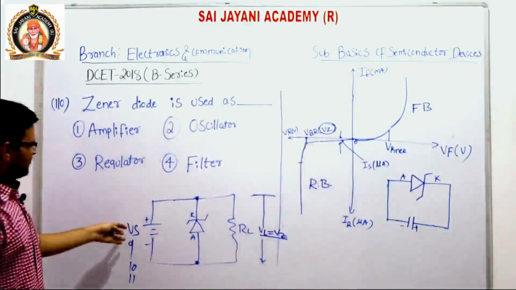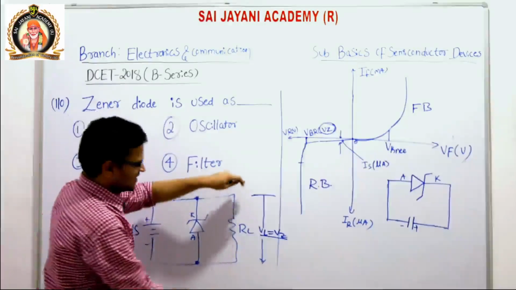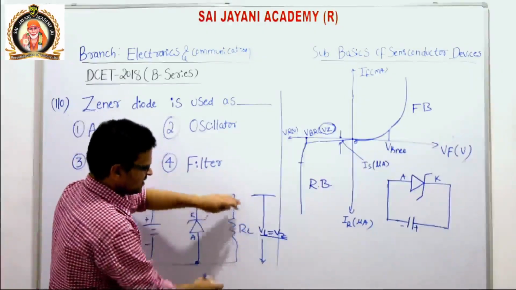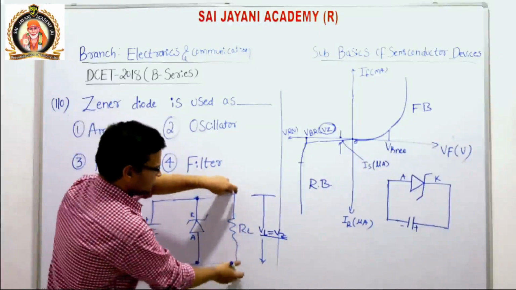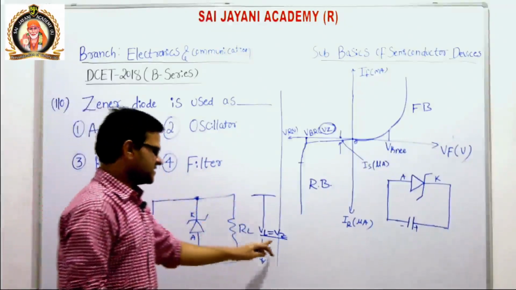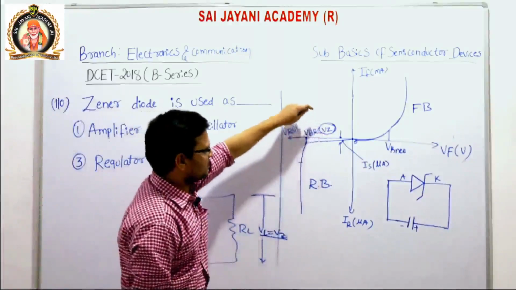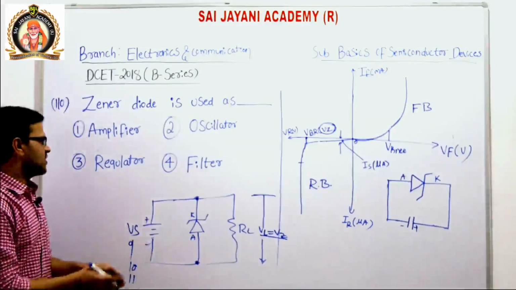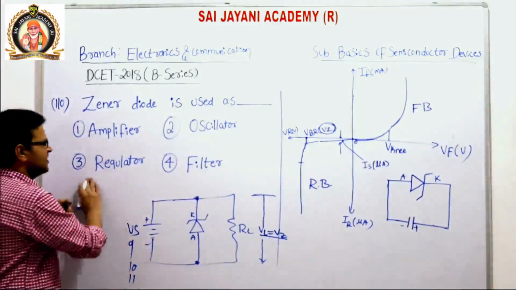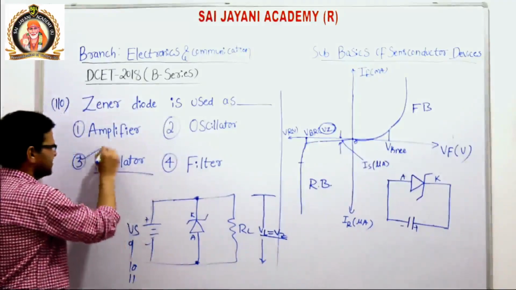So if we vary the source voltage, the voltage present at the load side is the same, that is Vz, the Zener diode voltage. So from the above options we can conclude that it is regulator, the second option.